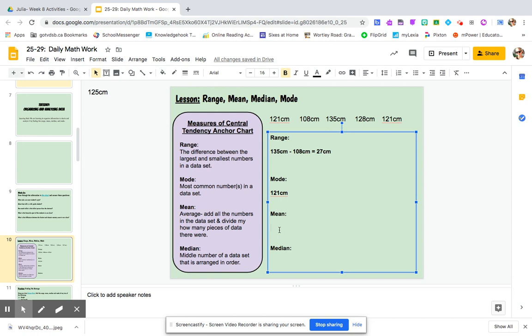Now, the mean is what we typically call the average. When we're finding the average, we need to take all of the numbers in our data set and add them all together, and then we divide by how many numbers are in our data set.